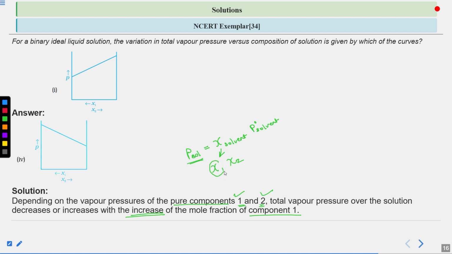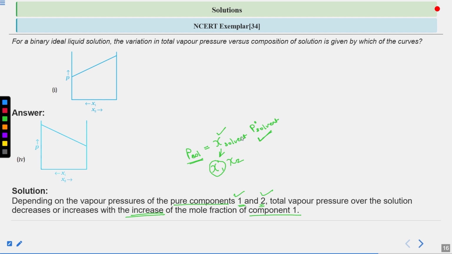This will either increase or decrease when the vapor pressure of pure component first or second changes. So the graph totally depends on the vapor pressure of the pure solvent.